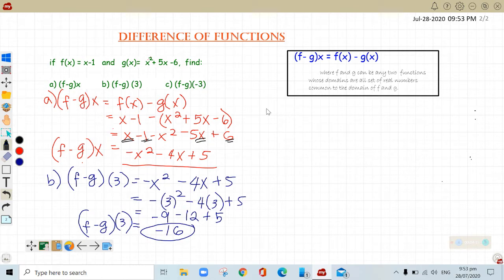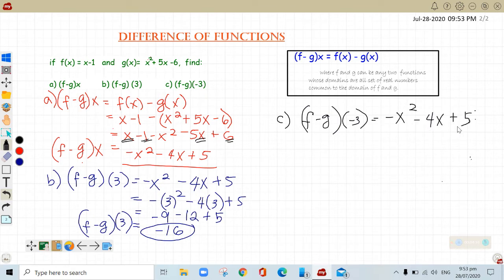Next, let's do letter C. C is (f minus g)(x) when x is negative 3. Again, we will be using this equation, negative x squared minus 4x plus 5. Substituting the value of x as negative 3, so negative times negative 3 squared minus 4 times negative 3 plus 5.